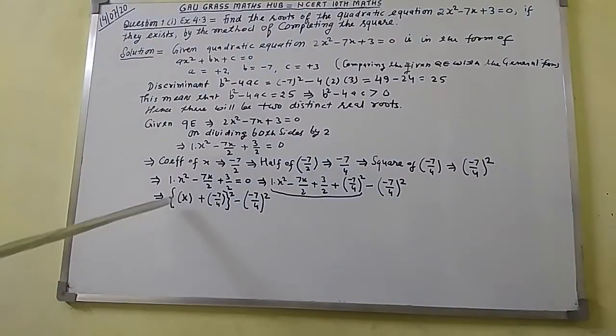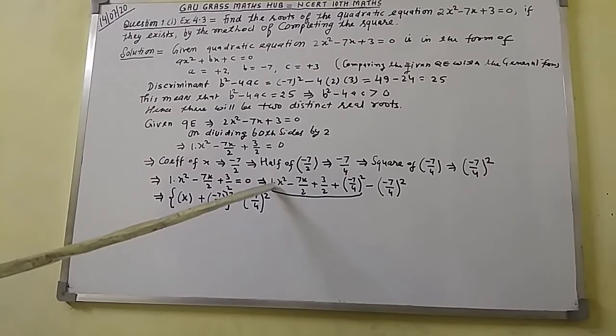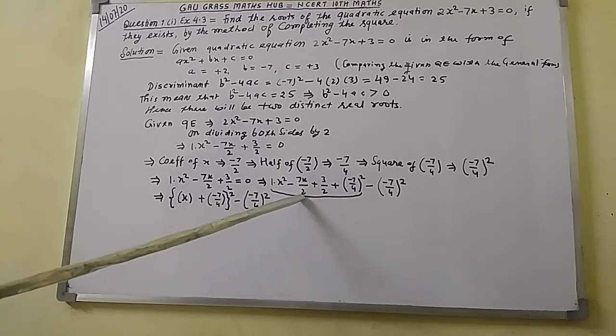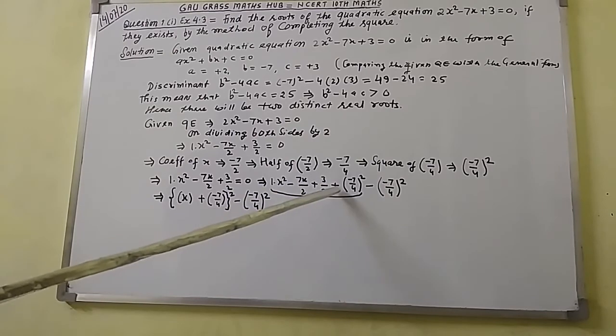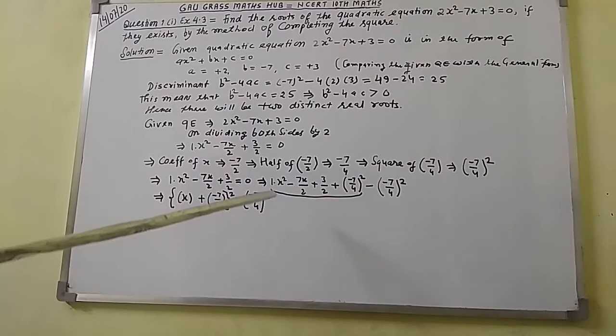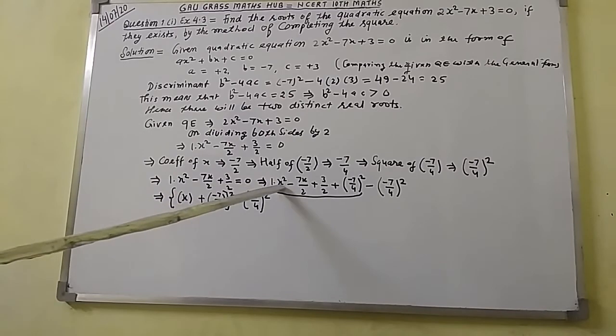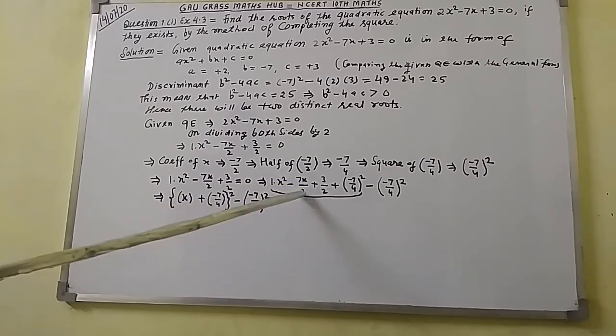So now here you can say x square minus 7x over 2 plus 3/2 plus minus 7/2 whole square. On doing the operation here, you can see this term you will take first, and this term you will take first, and this term you will take first.